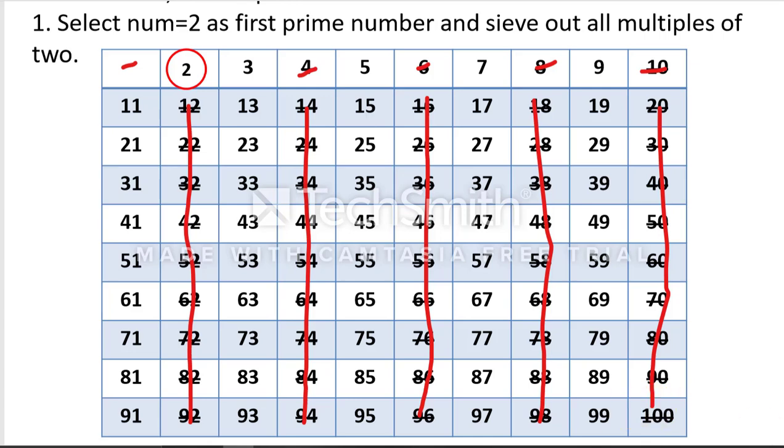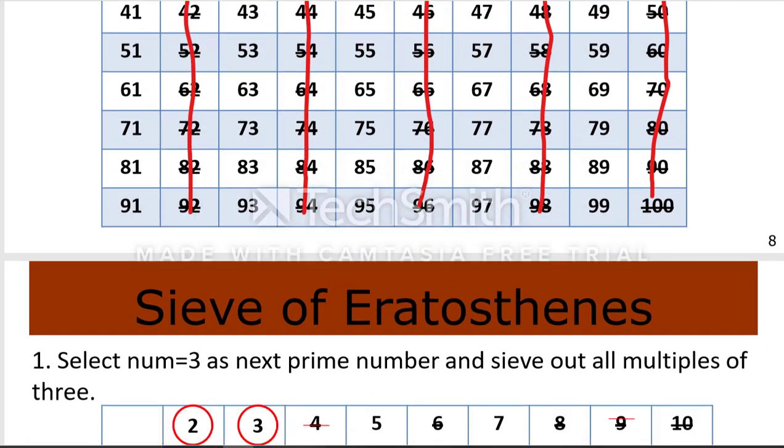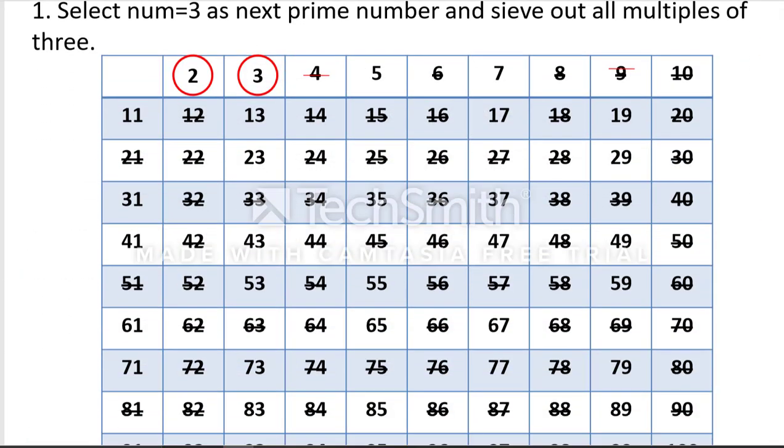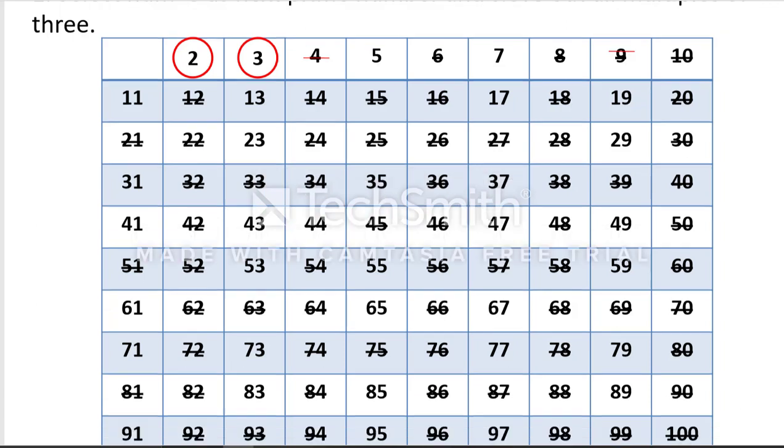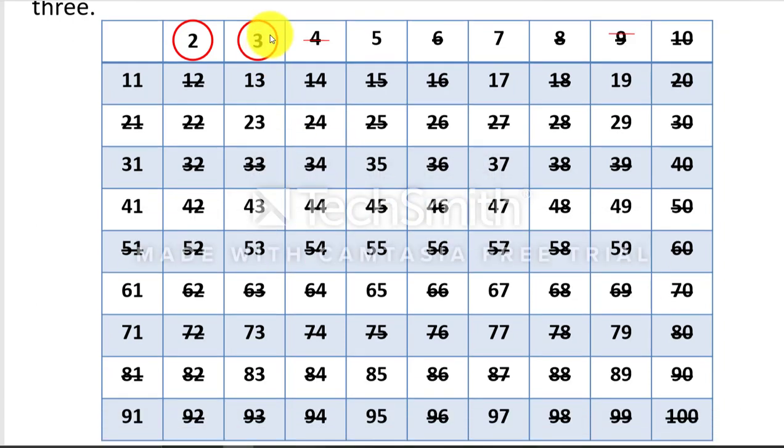Now select the number 3 as the next number. So 2 is your prime number, it is already selected. Now 3 is your prime number, already enclosed in a circle.